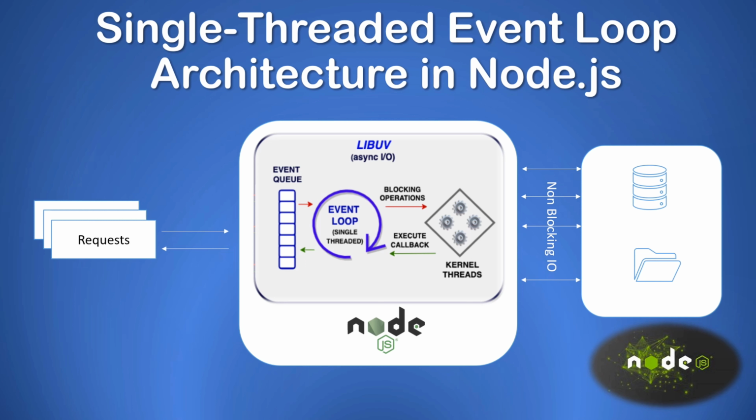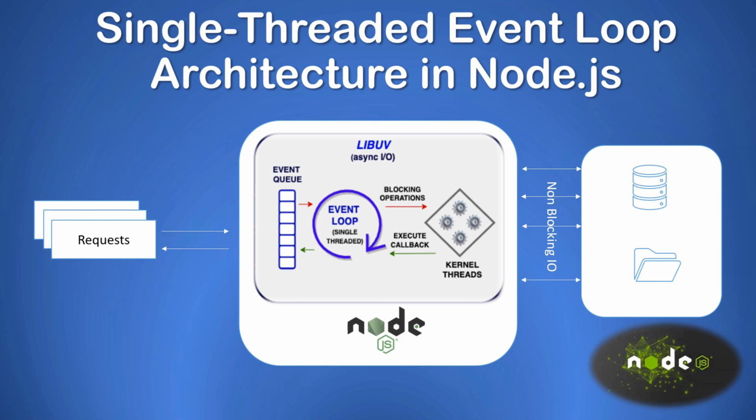That is one thing I have to highlight in the overview architecture of Node.js. So basically, it is an event loop, asynchronous and non-blocking. As I explained, there are lots of requests coming in.